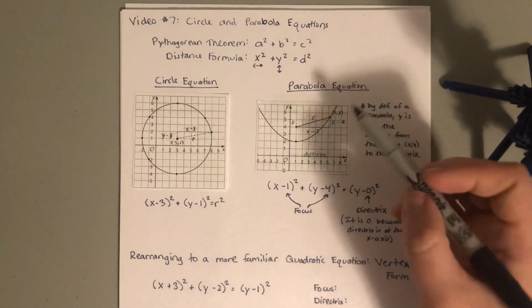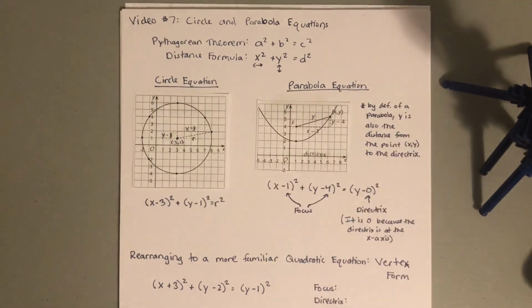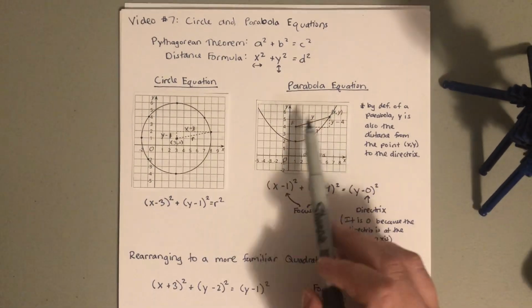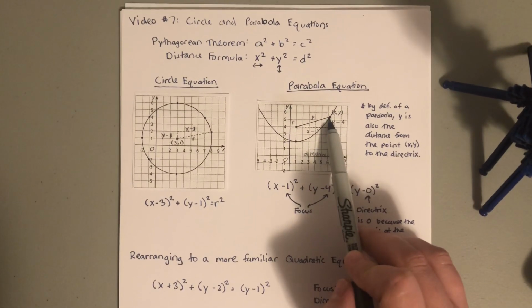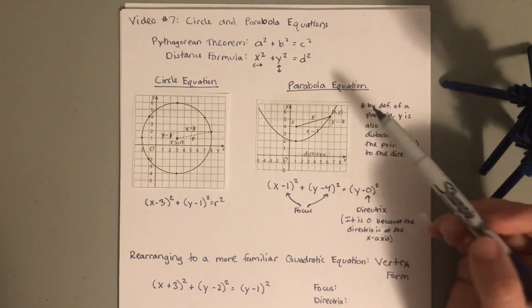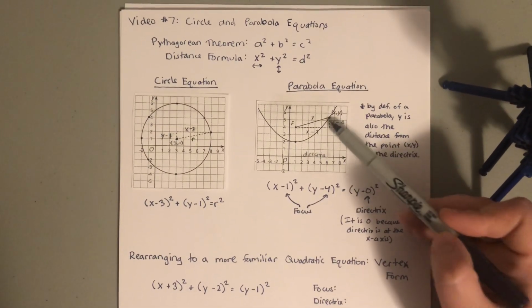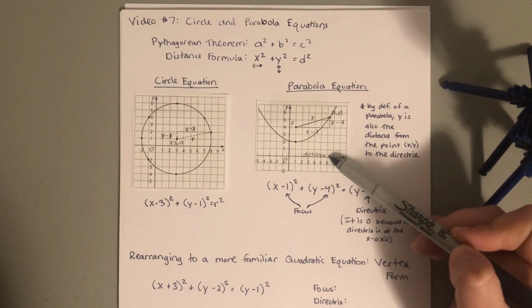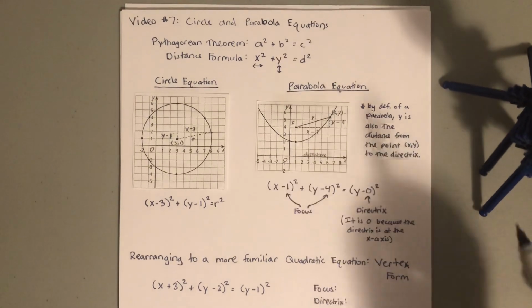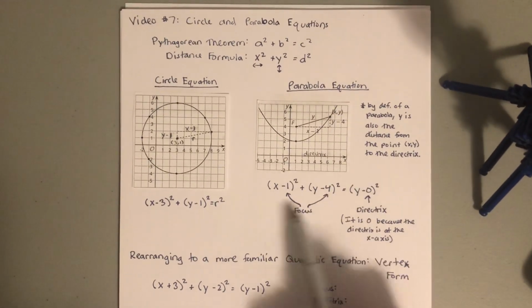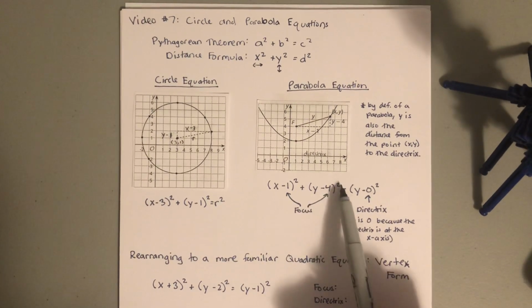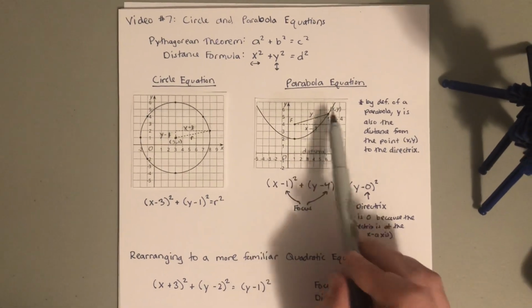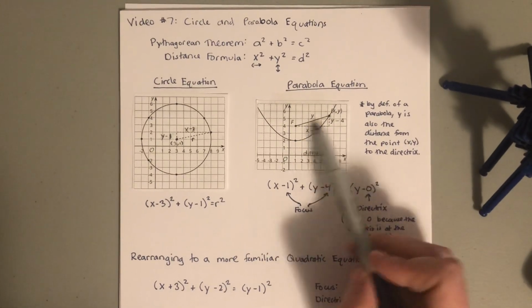Now, by the definition of a parabola, whatever the distance between the focus and the point on the parabola is, that's also the distance between the point on the parabola and the directrix. Which means that we can write our equation like this: x minus 1 squared plus y minus 4 squared, that's this and this, equals y squared.